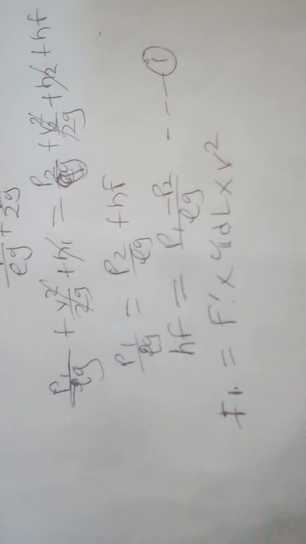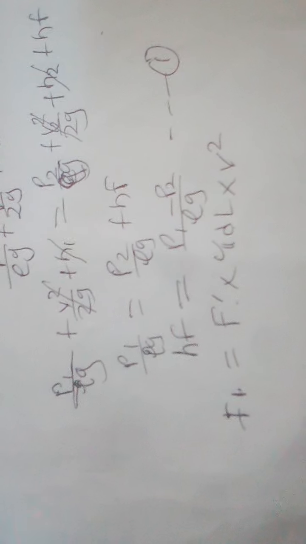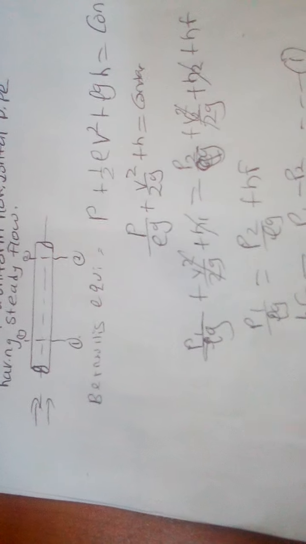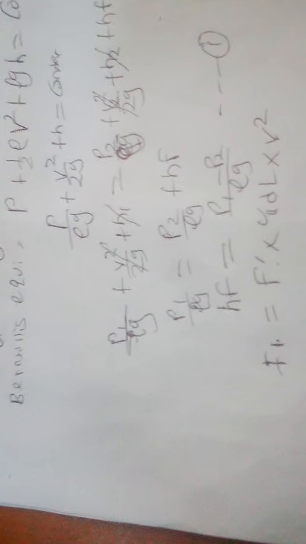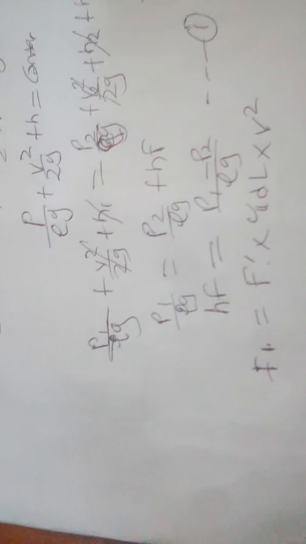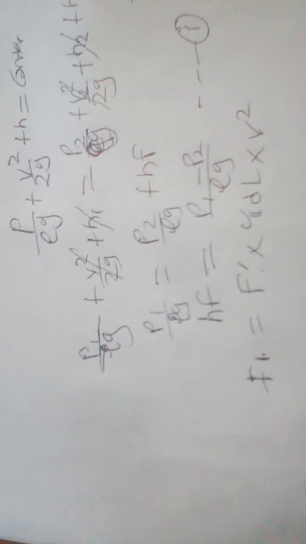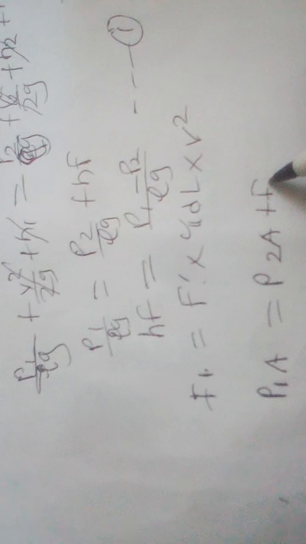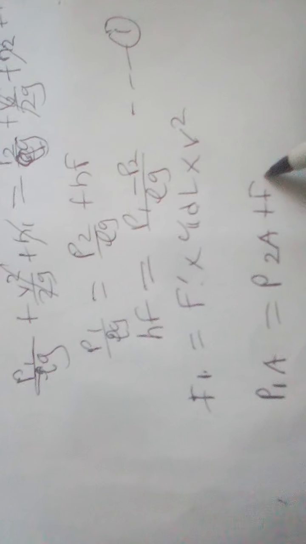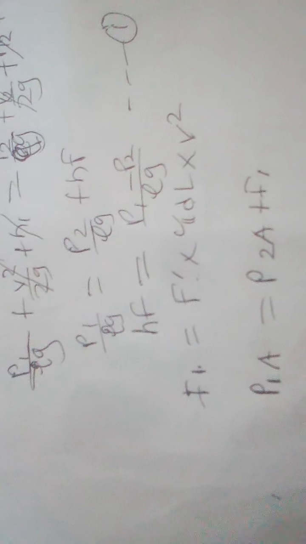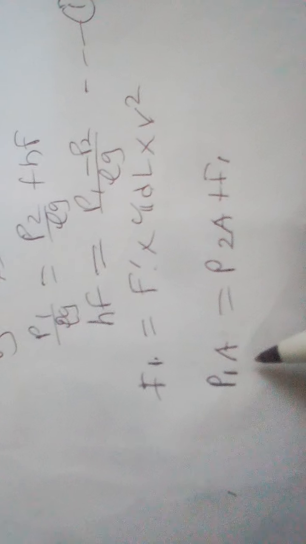Now we should resolve all the forces in the horizontal direction. There are forces in the horizontal direction at section 1 and section 2. So we equate all the forces: the force at section 1 is pressure 1 times area, which equals pressure 2 times area plus the friction resistance F. Then you continue resolving.